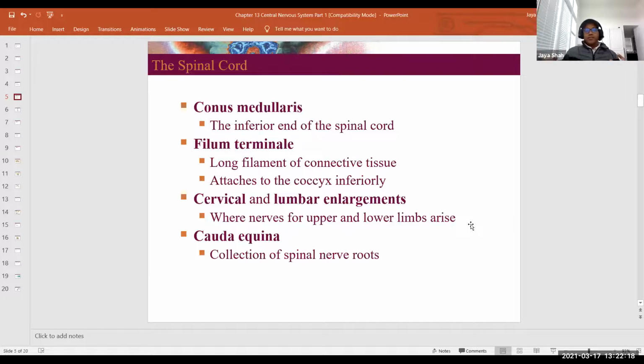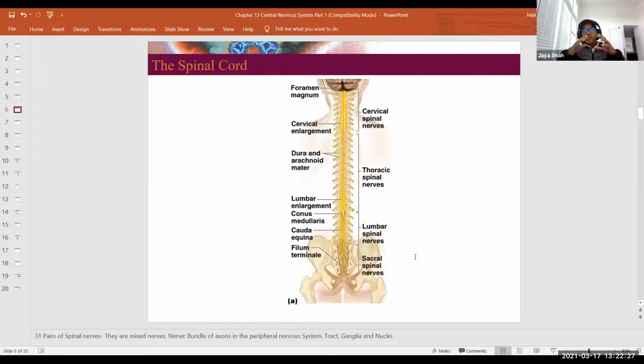That's why they are enlarged. And cauda equina is a collection of spinal nerve roots. Okay, and they look like the hair on a horse's tail. That's why we call it cauda equina. Cauda means tail, and equina means horse. That's why we call it cauda equina.